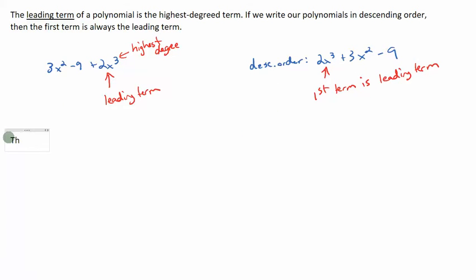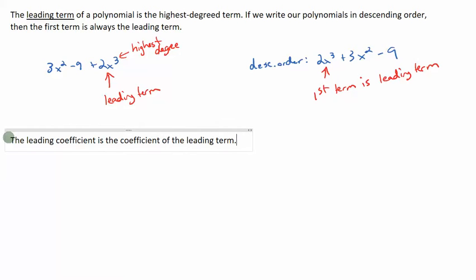Now, the leading coefficient is the coefficient of the leading term. What is a coefficient? Well, a coefficient is the constant multiplied in the term. Okay?